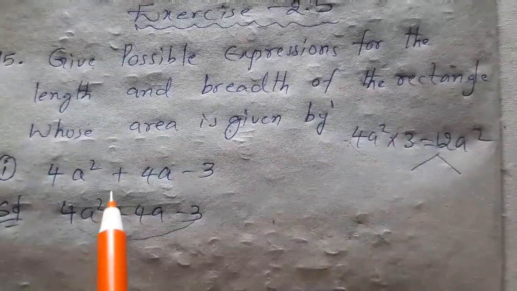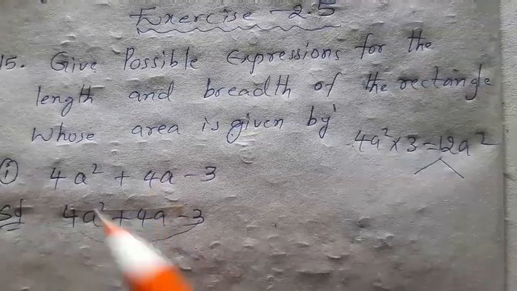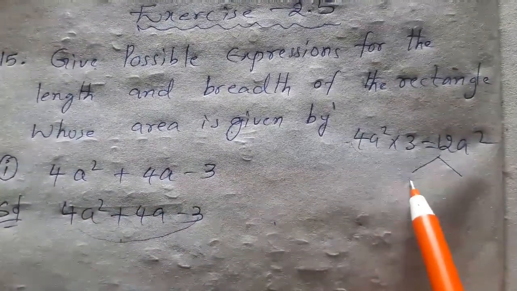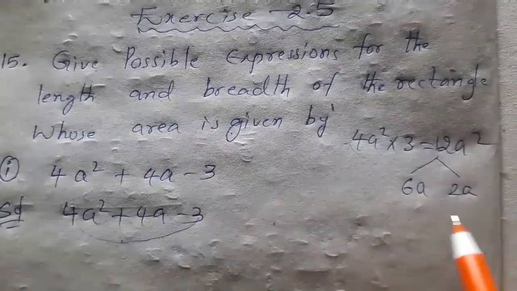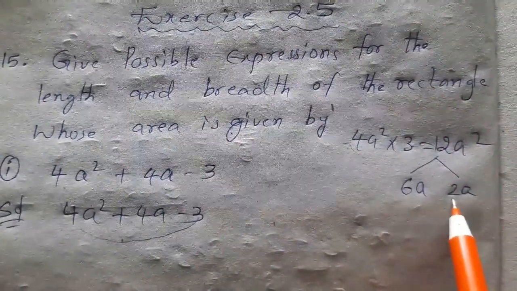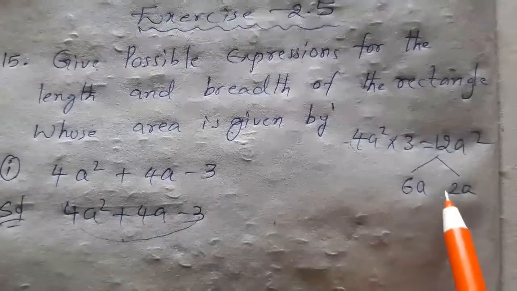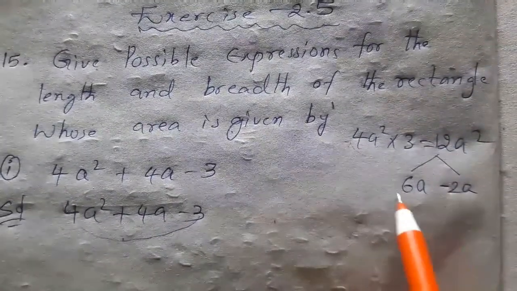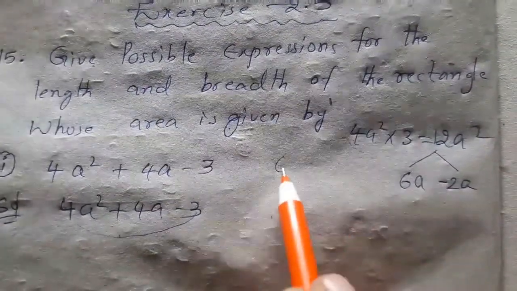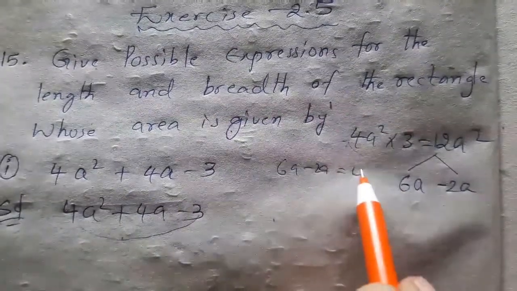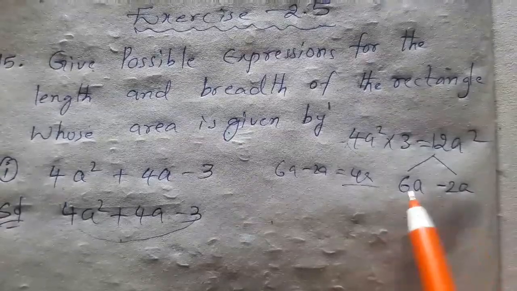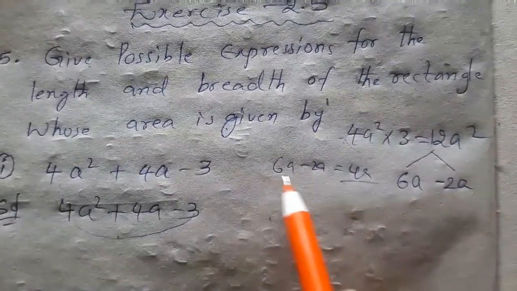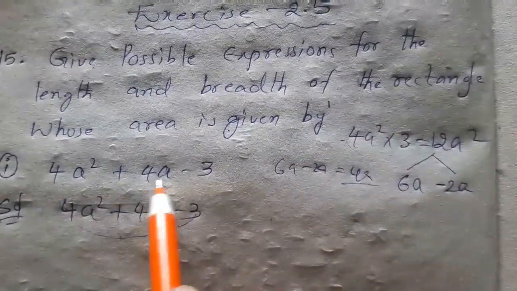Next, what do we need here? 4, that means 6a and 2a. 6 times 2 is 12, and the difference is 4, so keep minus 6. So 6a minus 2a becomes 4a. We got it. The multiplication of these two gives the product, and the addition of these two gives the middle term.